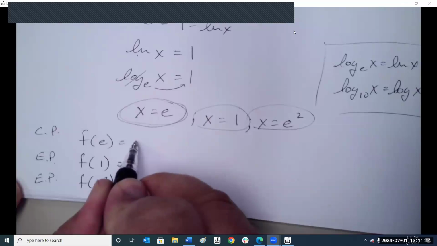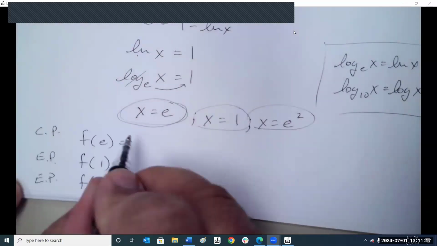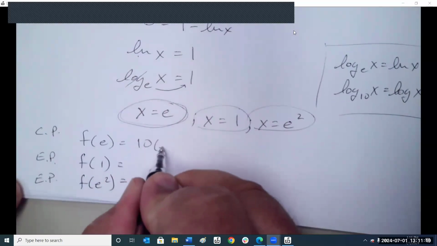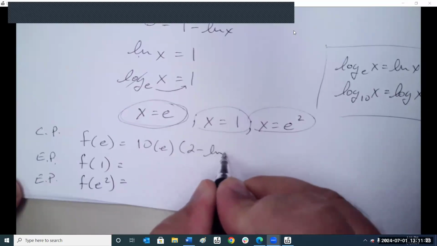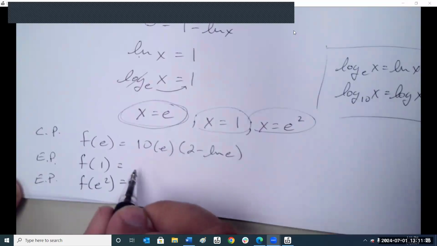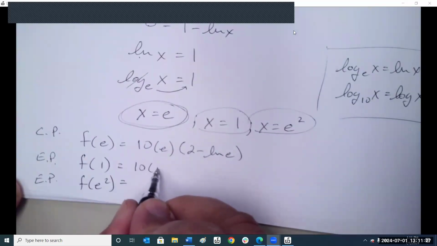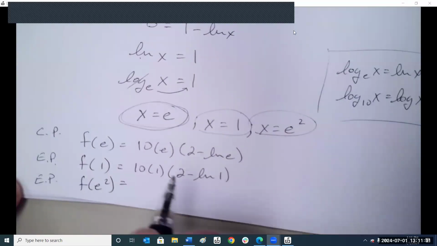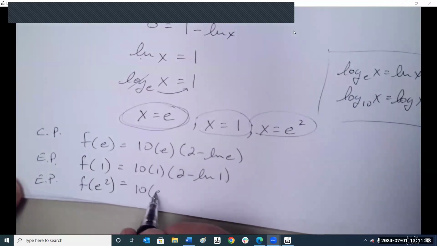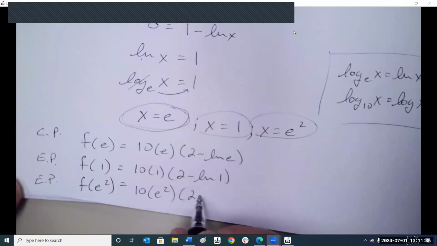Remember, our original function was 10 times x, 2 minus ln x. So 10 times 1, 2 minus ln of 1, and 10 e squared, 2 minus ln e squared.